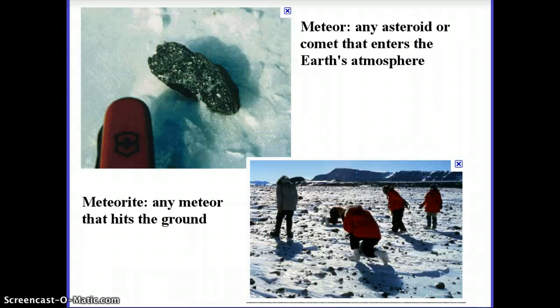I'm not talking about the big guys, but little bitty chunks of asteroids and comets hit the Earth's atmosphere on a daily basis. Whenever one of these things does hit the Earth's atmosphere, we then call it a meteor. Any asteroid or comet that enters our atmosphere, we rename and call a meteor. Doesn't matter how big it is or how small it is. If it's a grain of dust from space that hits the Earth's atmosphere, that's a meteor.